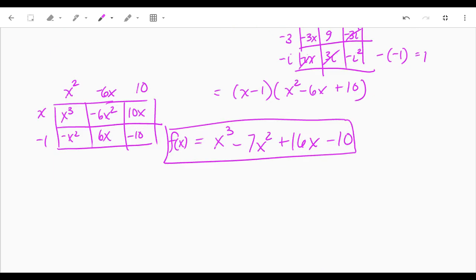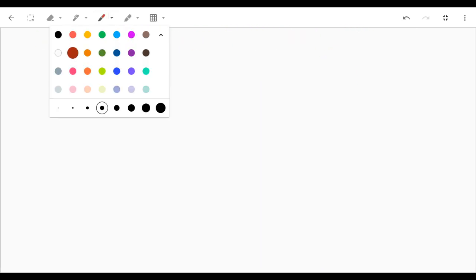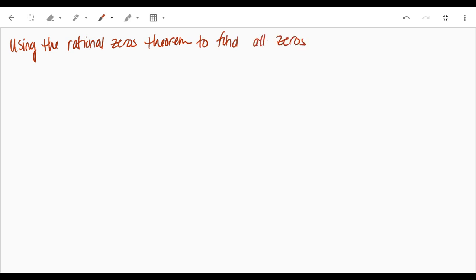So let me get back down here. So now we have using the rational zeros theorem to find all zeros of a polynomial. And we're going to do some complex zeros.